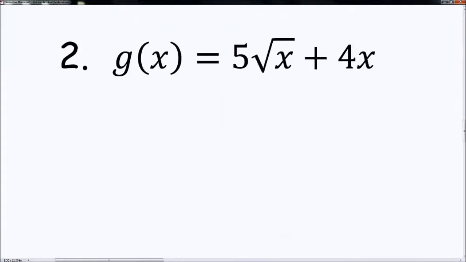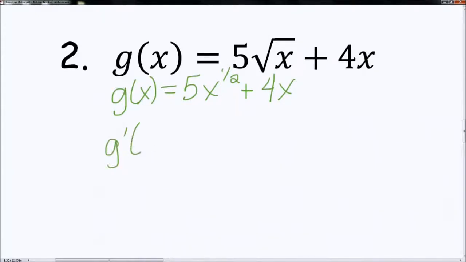Number 2, I need to first fix it so I can put this into power notation. So I have g of x is equal to 5x to the 1/2 plus 4x. Again, I didn't take the derivative. Notice that there's no prime next to my g of x, so please don't mix your notations.